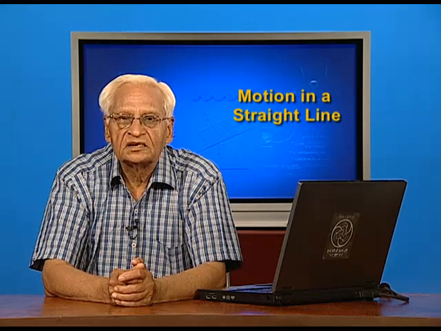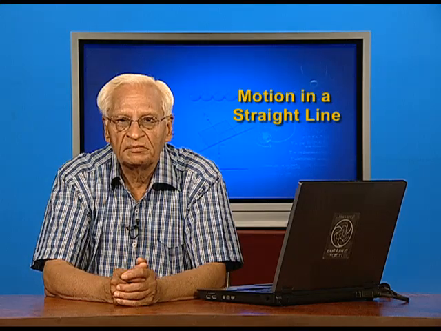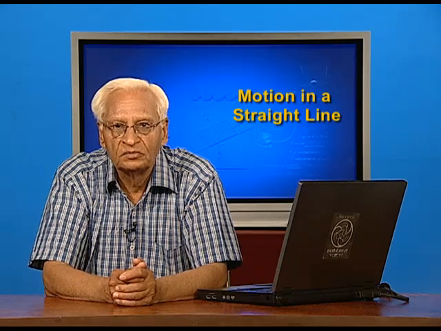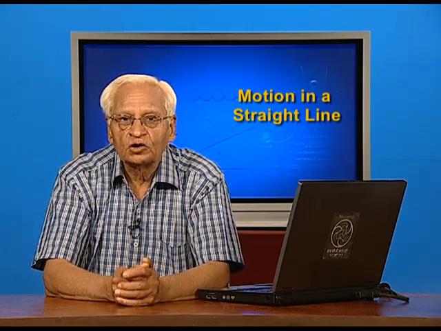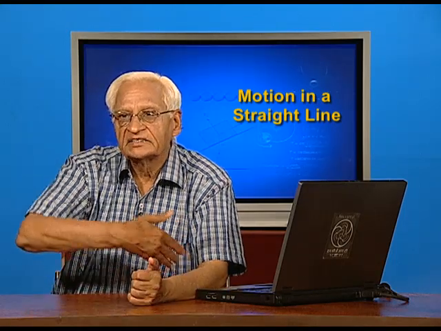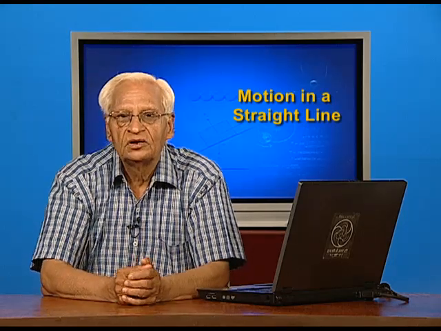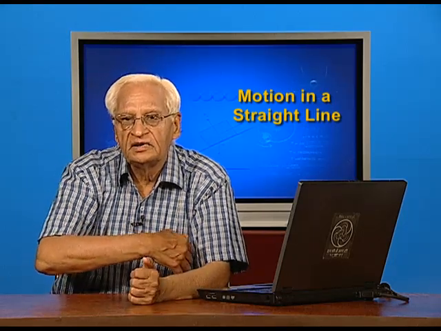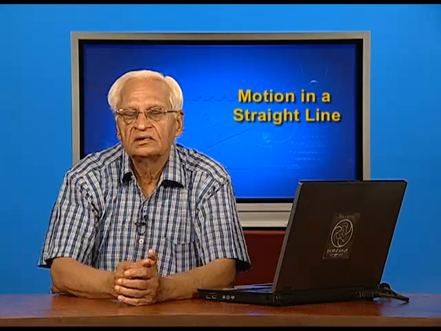In this lecture, we have considered vertical motion. We have used kinematic equations to solve the problems concerning the vertical motion. But motion is not always in the vertical direction. For example, a cricketer hits a ball at an angle to the horizontal, and next time we shall try to find the path of that ball which is hit at an angle to the horizontal.